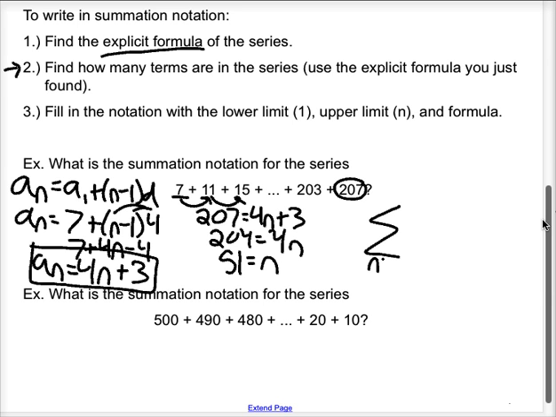We're starting with 1, and we just found out that we're going up to 51, and with what formula? Well, with that 4n plus 3 that we found. And so that becomes our summation notation.